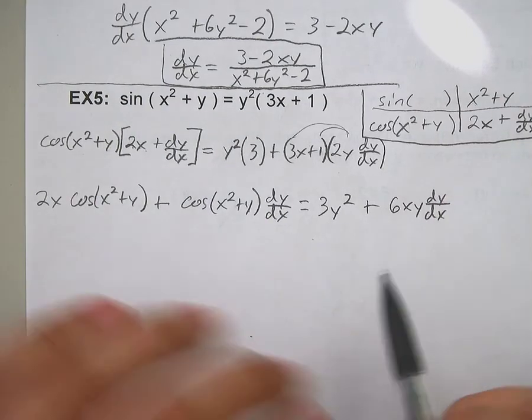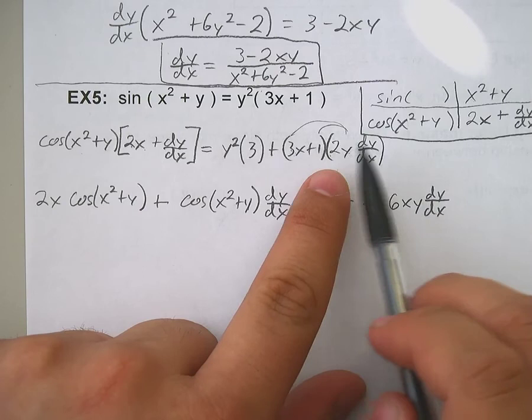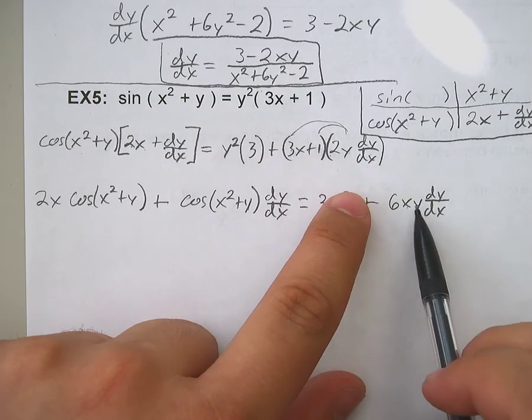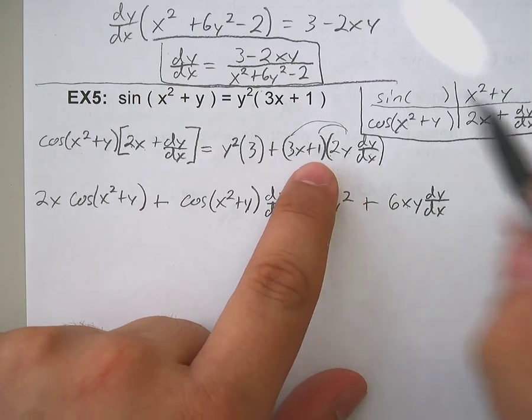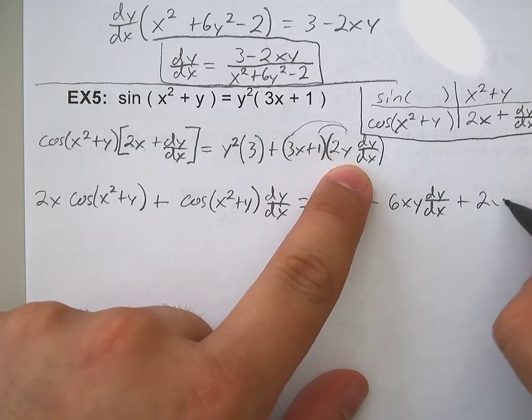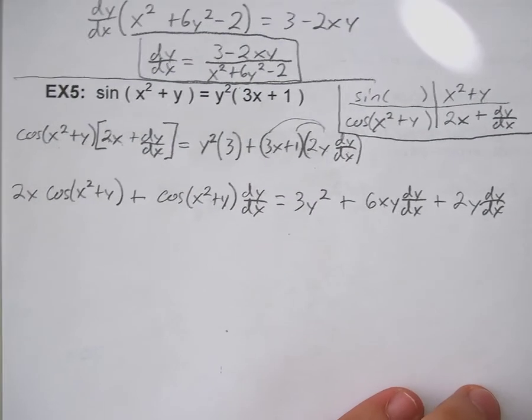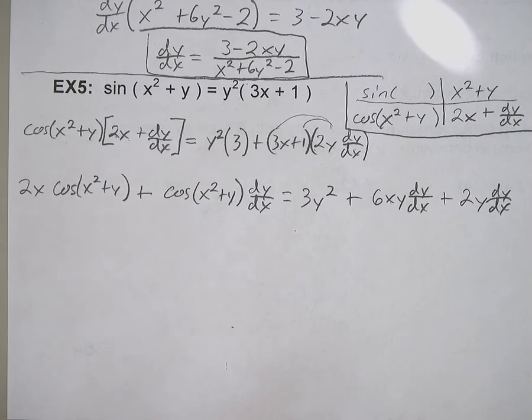I want to make sure you see where that's coming from. 3 times 2 is 6. X times y times dy dx. Plus, 1 times all this is just going to be 2y dy dx. A little bit bigger, but that's okay. We can cope. Because the next step is going to simplify this down.